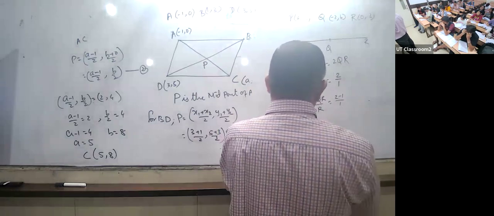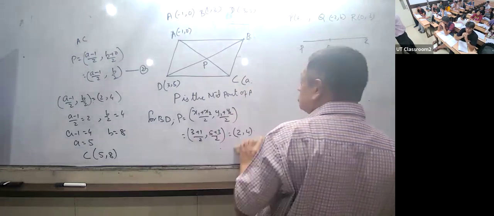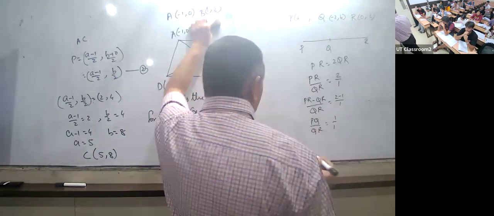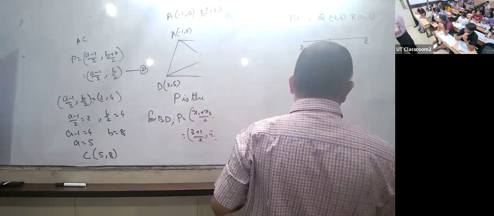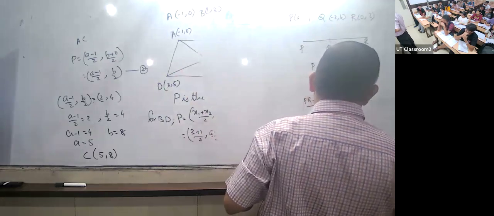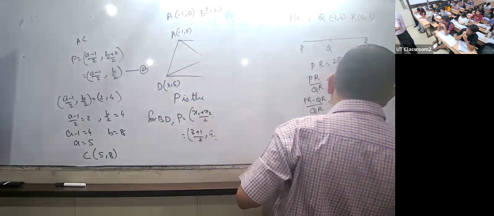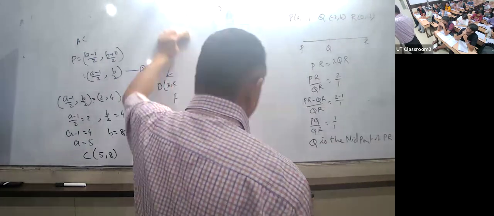That is PQ upon QR is equal to 1 by 1. If it is 1 by 1, what is your conclusion? Q is the midpoint of PR, so you can apply the midpoint formula, not the section formula.